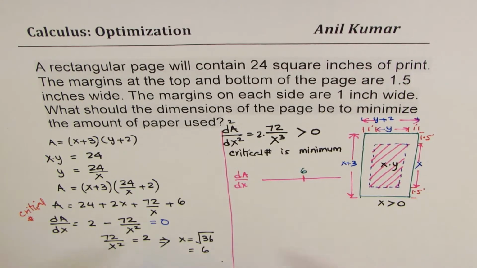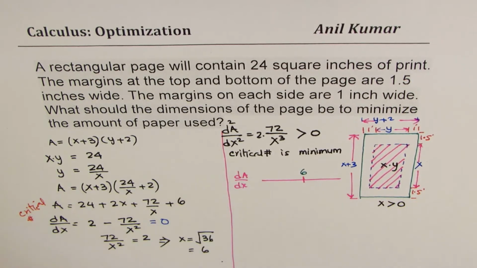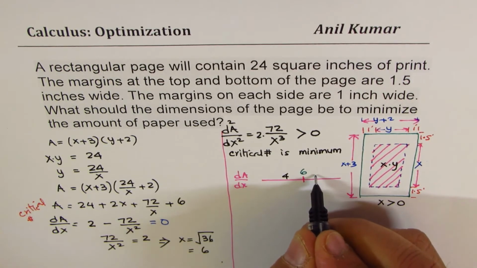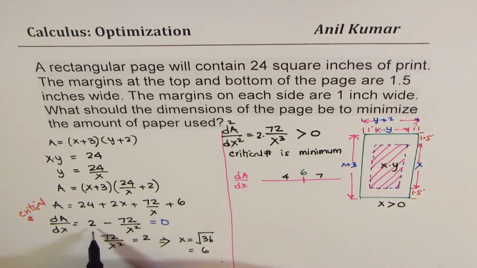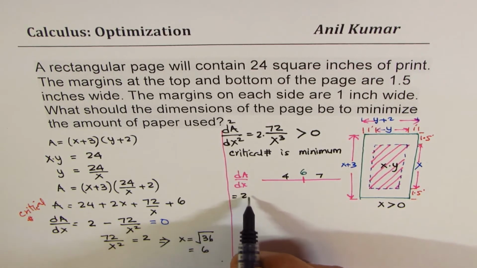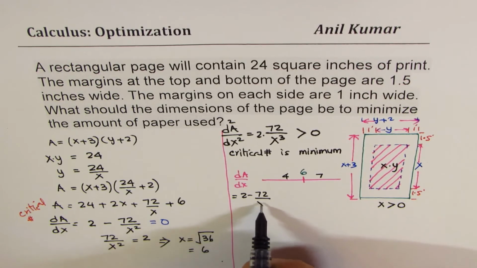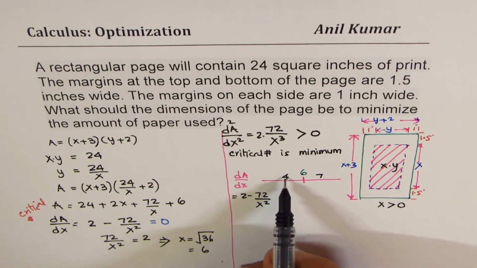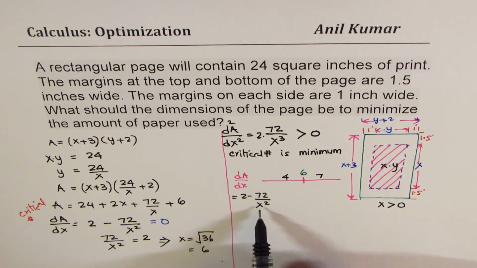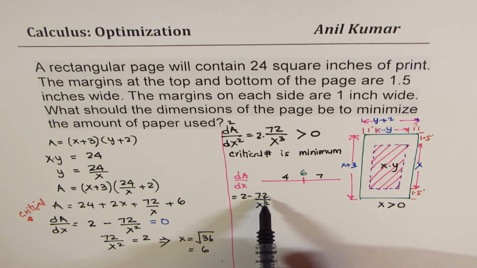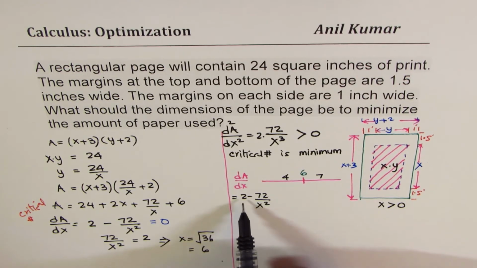You can take a test value on either side. So if I take a test value, let us say we have a test value of 4 and let's say 7. dA dx equals to 2 minus 72 over x squared. Now if I write a value, which for 6 it is 0, right? So if I write a value 4 here, then 4 square is 16, and when I divide this by 16, I get a number which is more than 2, right?